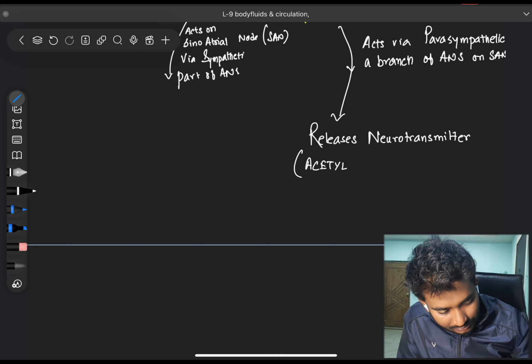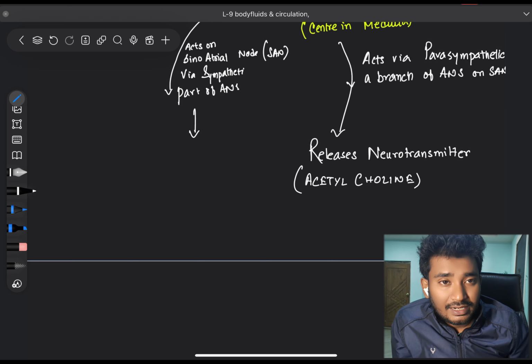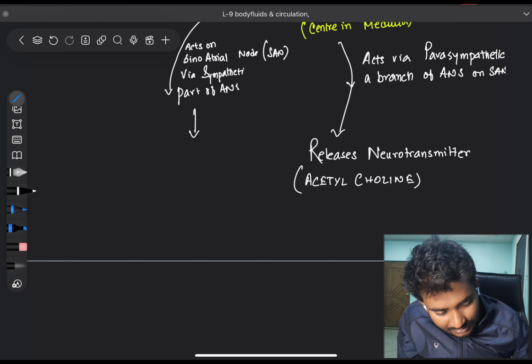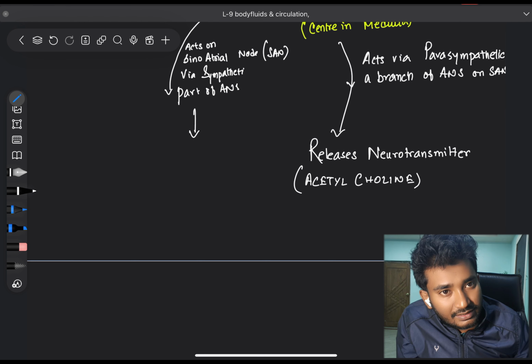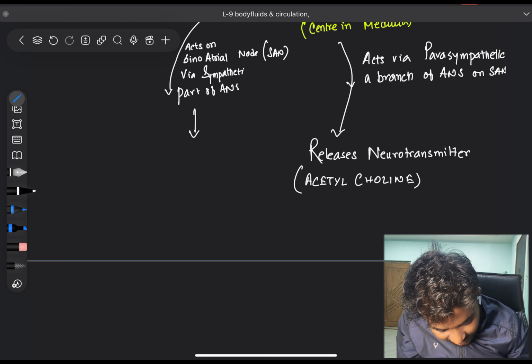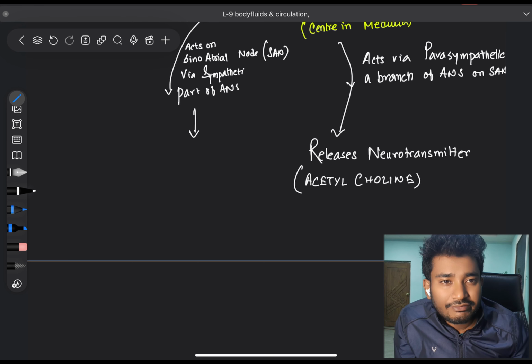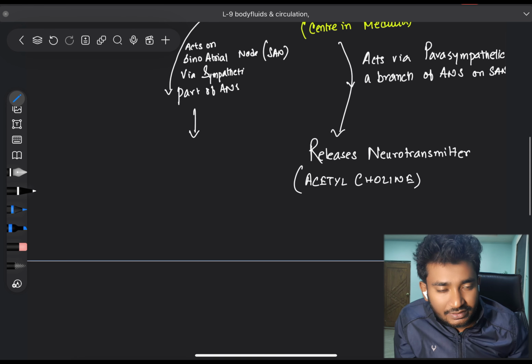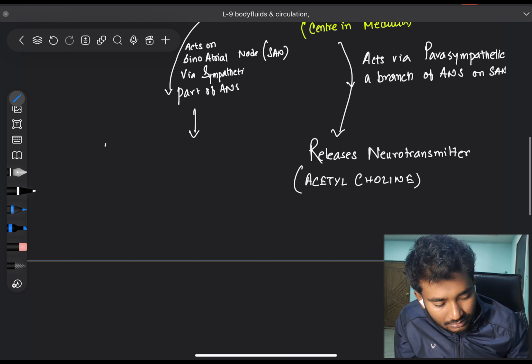Now what happens? The cardio-acceleratory center releases a neurotransmitter here, unlike the inhibitory center. For acceleration we require adrenaline or epinephrine.